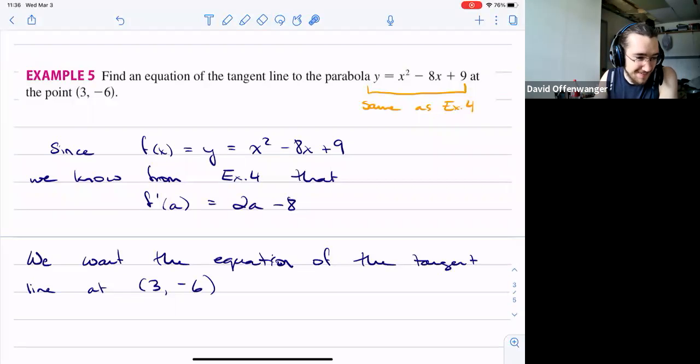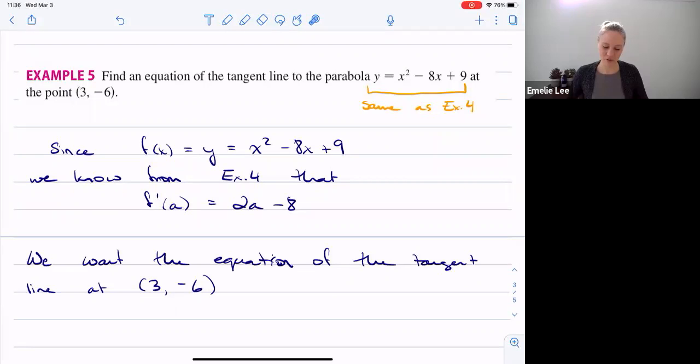Yes, that works. Great. Otherwise, it wouldn't be a point on this line, and thus it wouldn't be a tangent line.